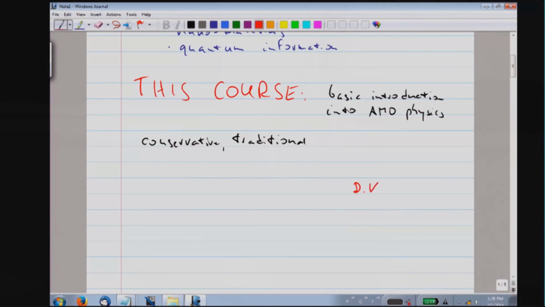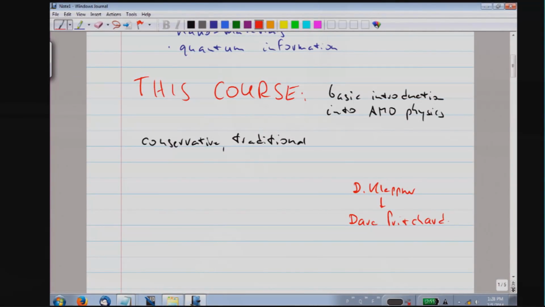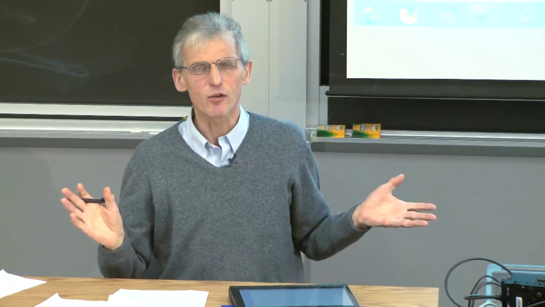At MIT we have several generations of atomic physicists who have shaped the field. I learned atomic physics as a postdoc from Dave Pritchard, who was a graduate student of Dan Kleppner. Dan Kleppner was a graduate student of Norman Ramsey. And Norman Ramsey was a postdoc with I.I. Rabi. And Rabi resonances, RF resonances, this is the beginning of atomic physics.